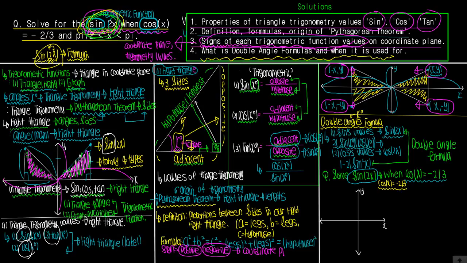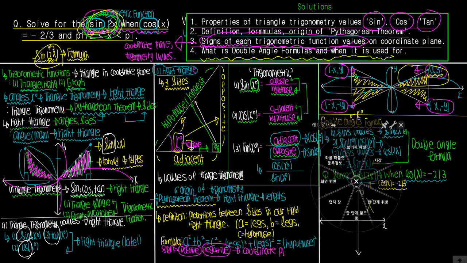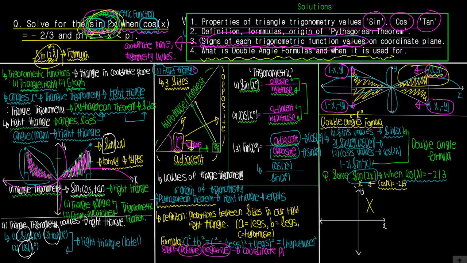Well, it's in the first quadrant, where x comma y are both positive, so that can't exist in our first quadrant. And for the second quadrant, we know the cosine is what gives us the x coordinate. It represents the x coordinate according to the properties of our trigonometric function values.